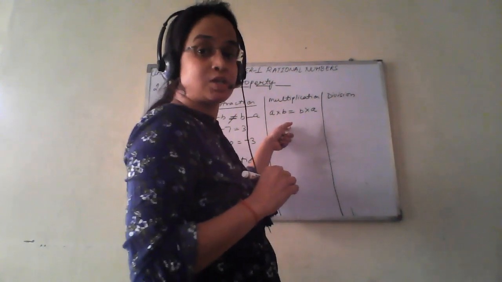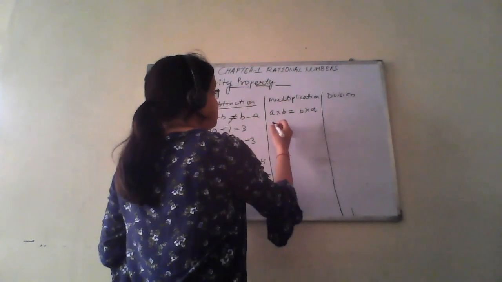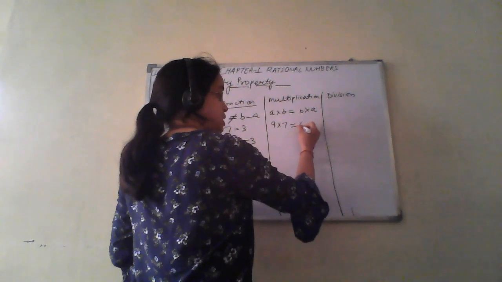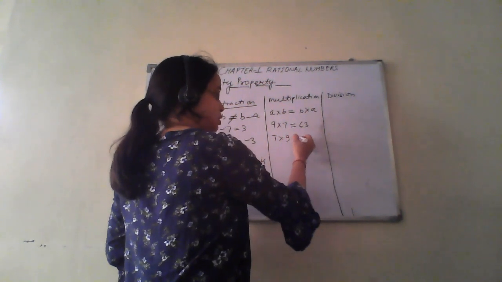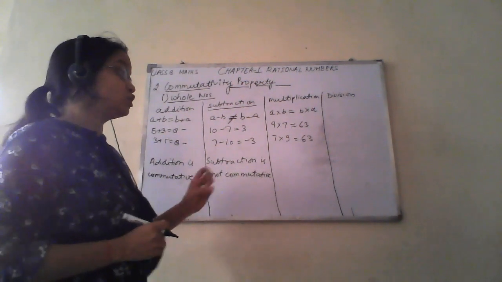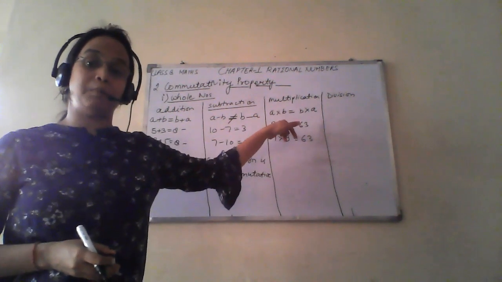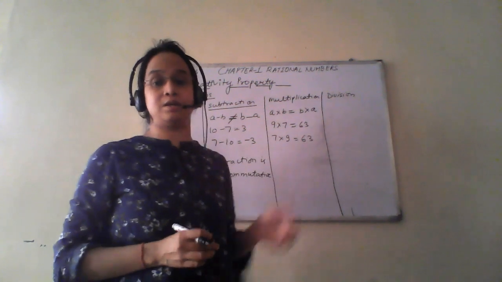Now for multiplication, if we multiply 7 by 9, the answer is 63. If we reverse the sequence, the answer will remain the same. Whether we multiply 9 into 7 or 7 into 9, the answer will remain 63.